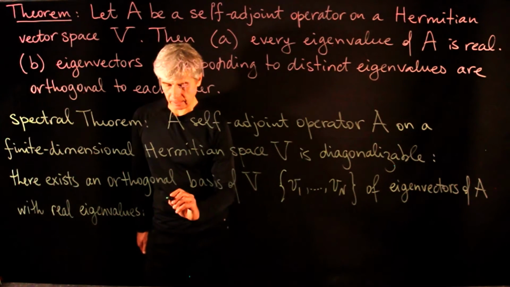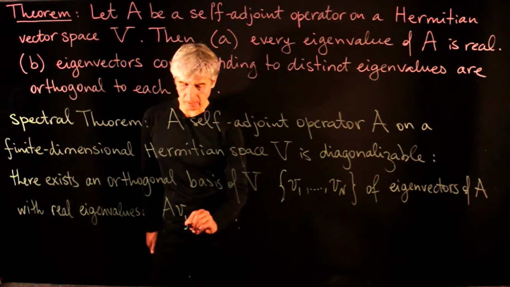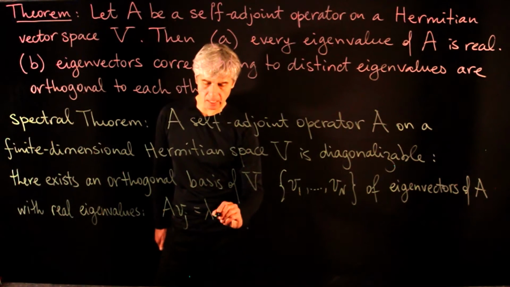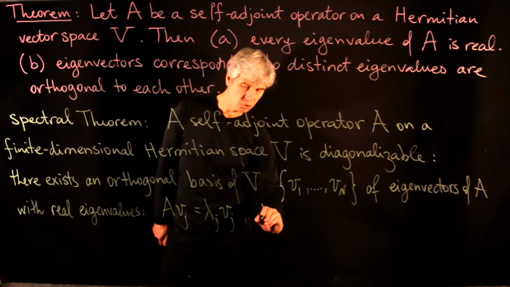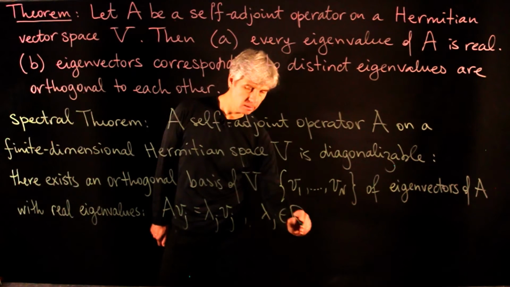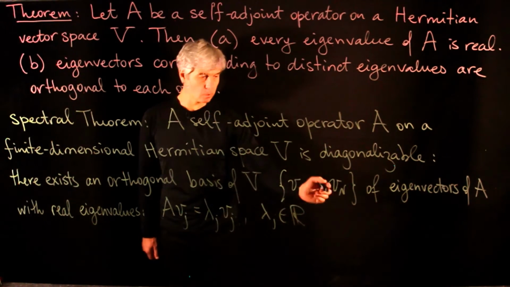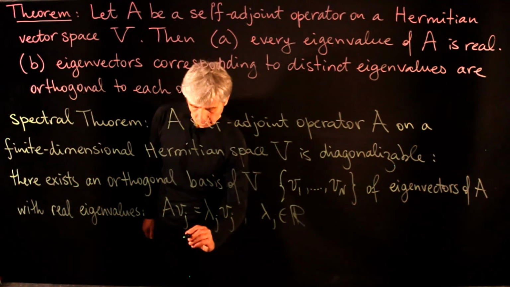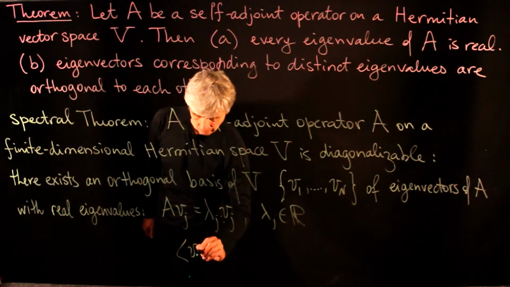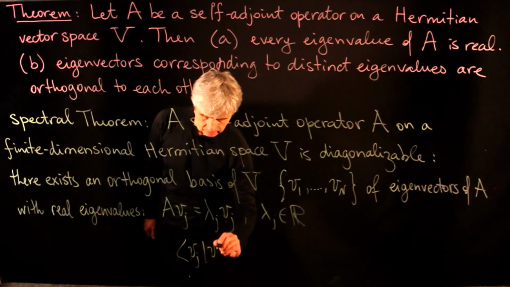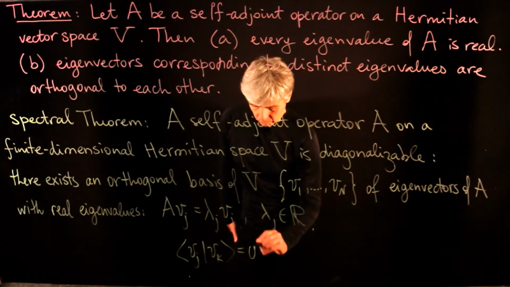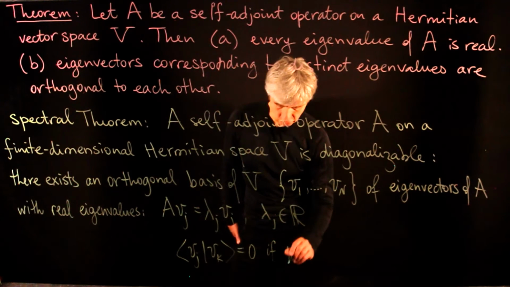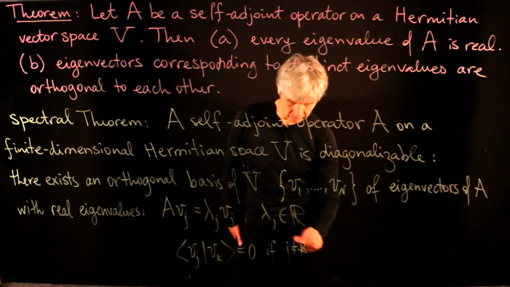So this means that A Vj is equal to lambda j Vj, where lambda j is a real number. And so these eigenvectors are orthogonal to each other. So Vj with Vk is equal to 0 if j is different from k.